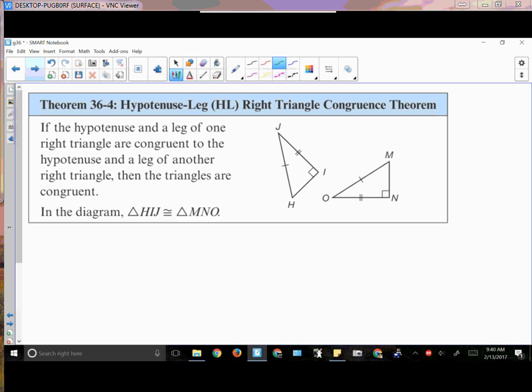Angle, side, side, bad idea. If you see it written down on paper you'll get the idea, bad idea. It doesn't work. So we're going to go through a different way of looking at this. If we have it as a right triangle, there is a way that I can go through and state that, yes, this is going to be congruent.